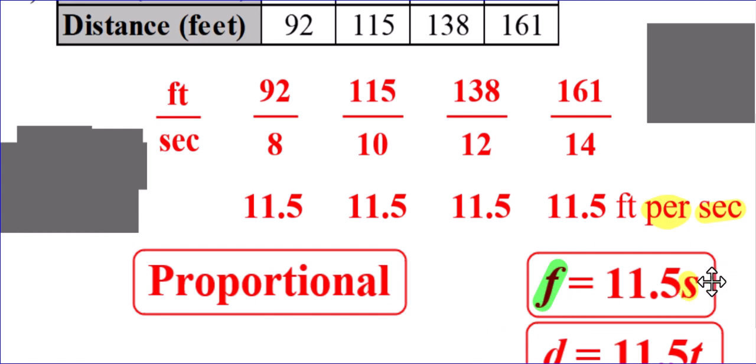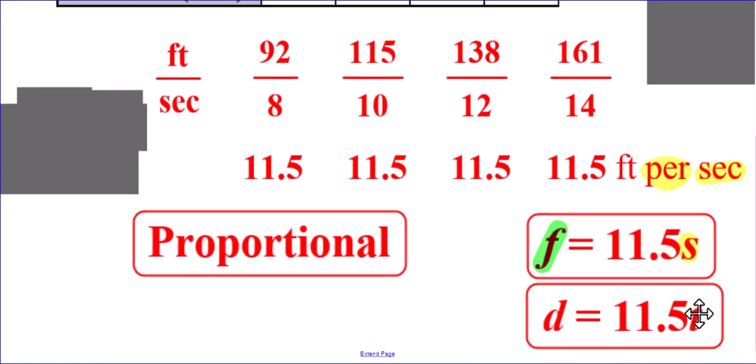I picked S for seconds and F for feet. Maybe you want to say the seconds is a generic measure of time, so you could use T for the time in seconds, and F in feet is a specific measure for the distance that we're traveling, so you could choose D for distance in feet. Totally up to you what variables you want to choose, but you should have 11.5 times whatever variable you picked for the time in seconds equals the distance for the feet.